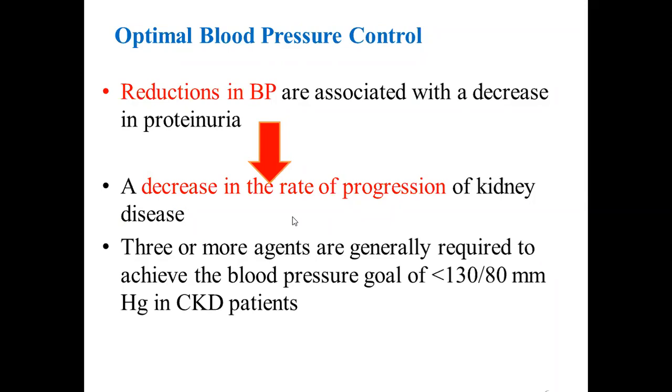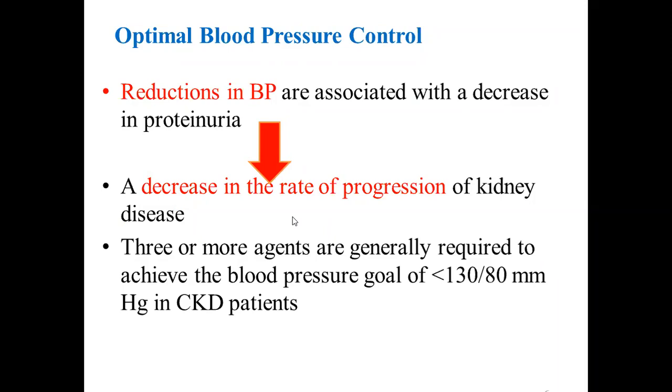We use ACE inhibitors in CKD patients, but we have to monitor because they can increase the risk of hyperkalemia, and apart from that, they can reduce the glomerular filtration rate. That is why ACE inhibitors are a drug of choice in hypertensive CKD patients, but we have to control tightly.